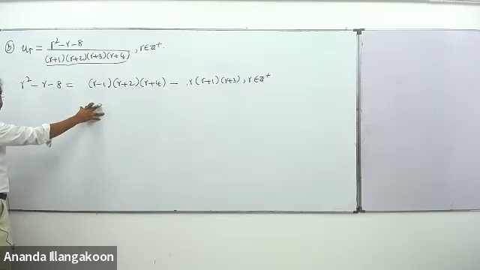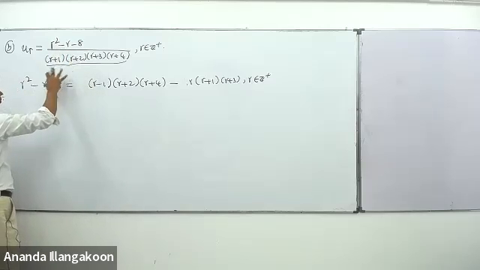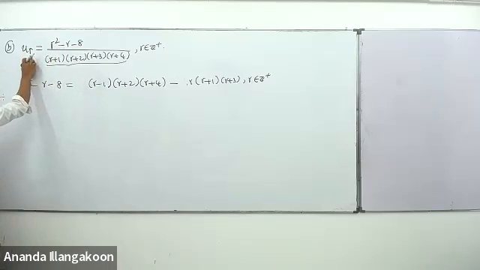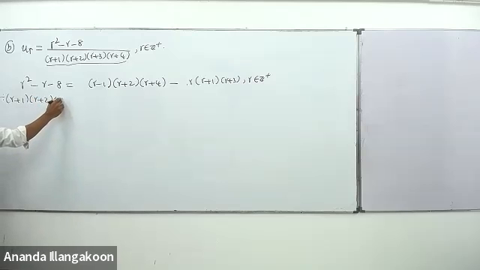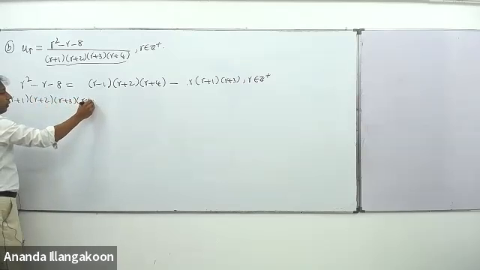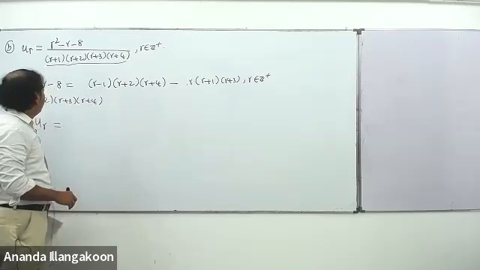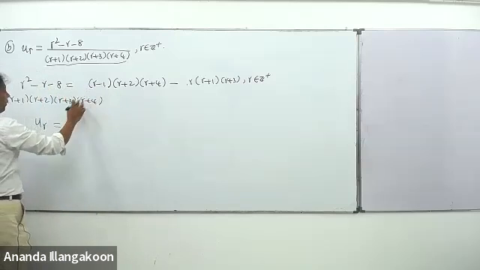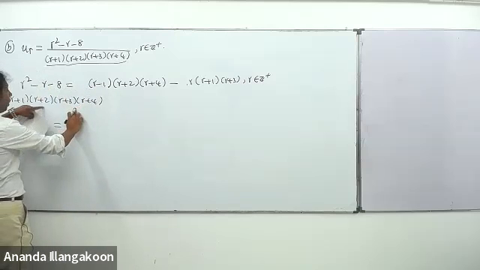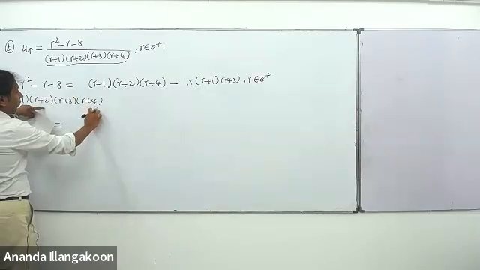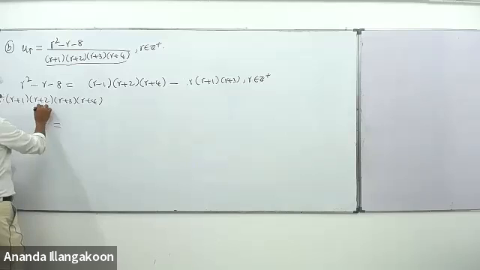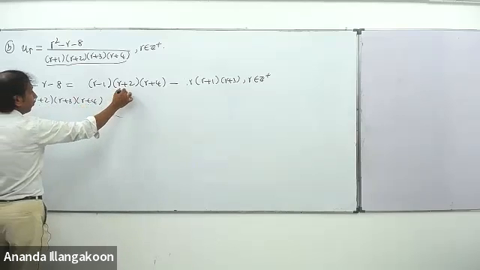We divide both sides by that to get UR on the left hand side. Dividing this by R plus 1, R plus 2, R plus 3, R plus 4, we get UR. Correct? When I divide this by this, R plus 2 and R plus 4 cancel.